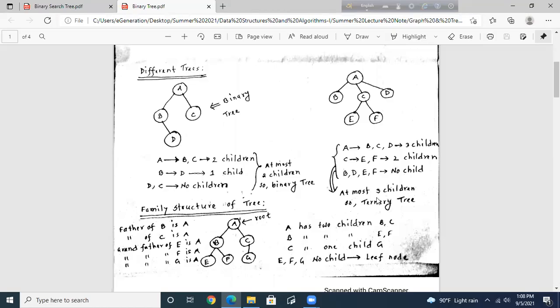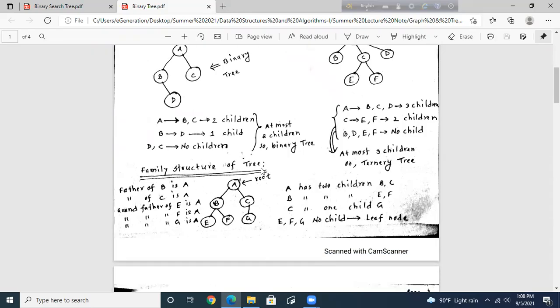Dear student, here we have at most three children, because A contains three children, C contains two children, and B, D, E, F contain no children. Since at most three children, this is a ternary tree.